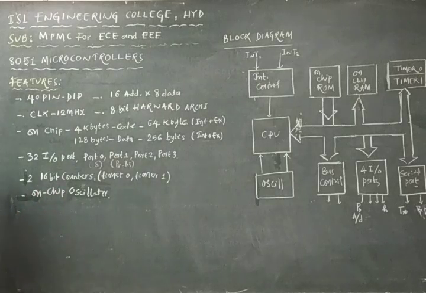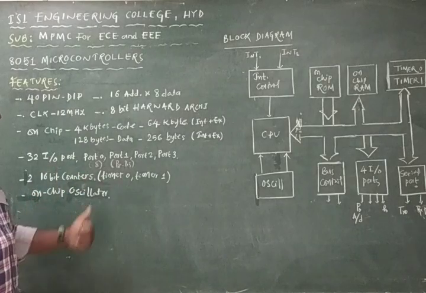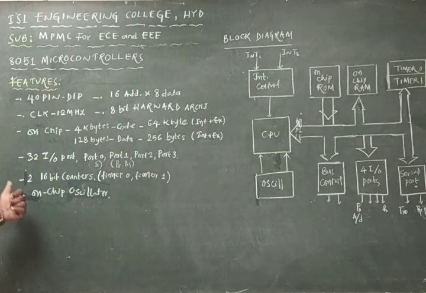Coming to the next one, it is having two 16-bit counters, and we can call them timers also, timer 0 and timer 1.